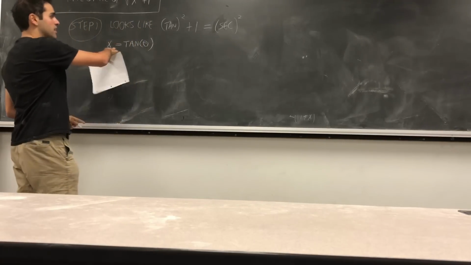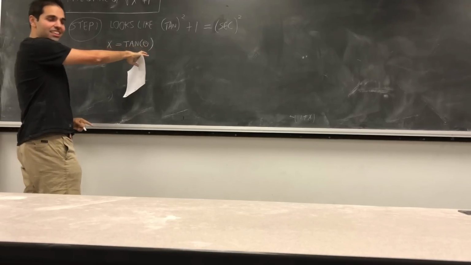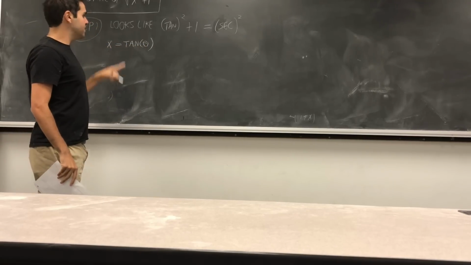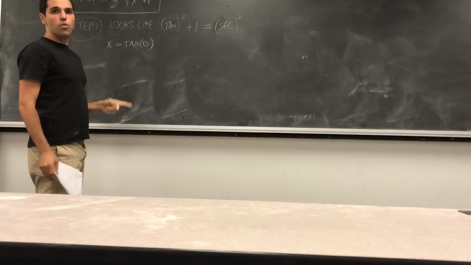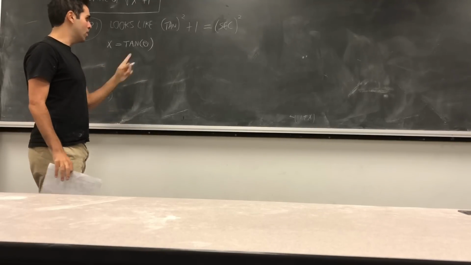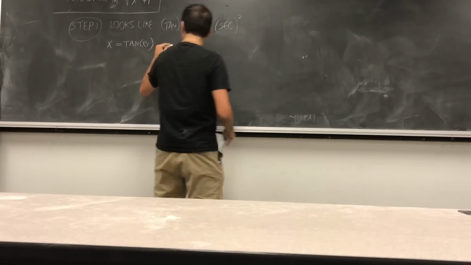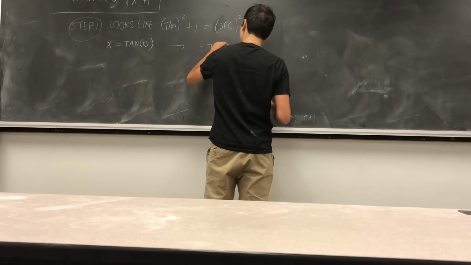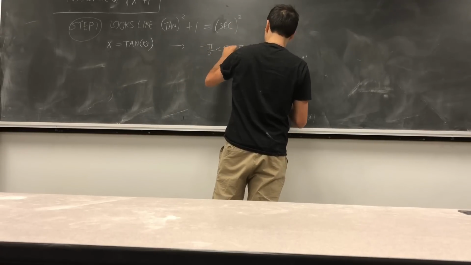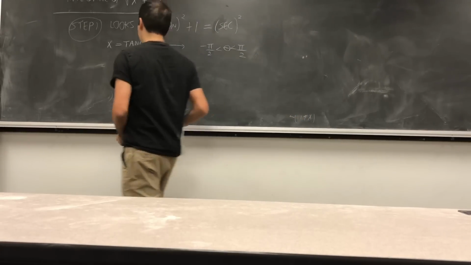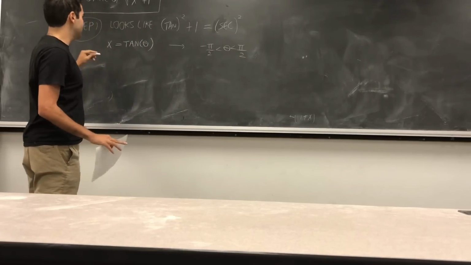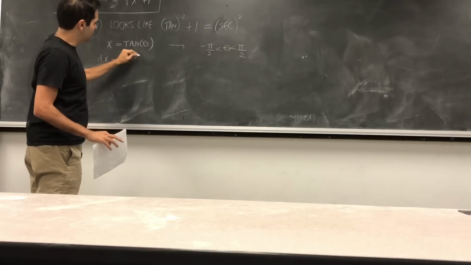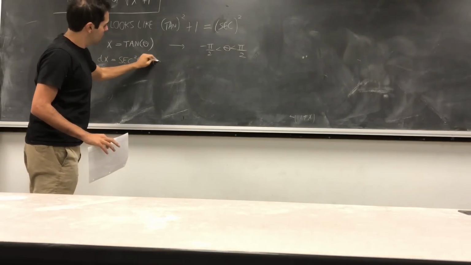Okay? And just one little technicality that will be very useful later on. If we have x equals tangent of theta, we want tangent to be 1 to 1. So it might be useful to choose theta to be between minus pi over 2 and pi over 2. That's one thing. And then if x equals tangent of theta, dx is secant squared theta d theta.